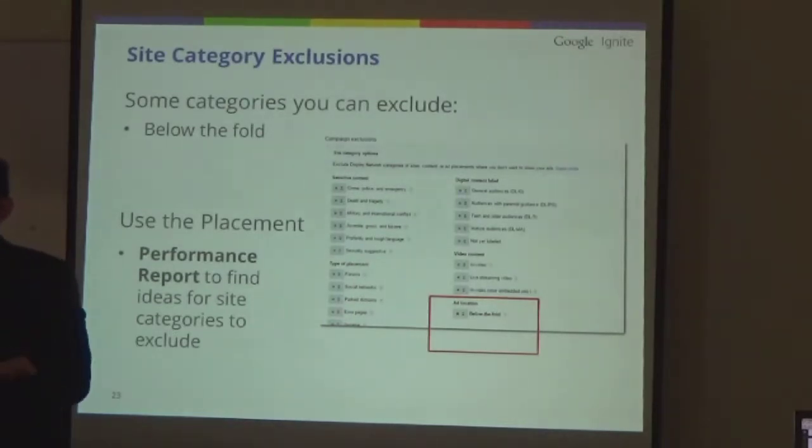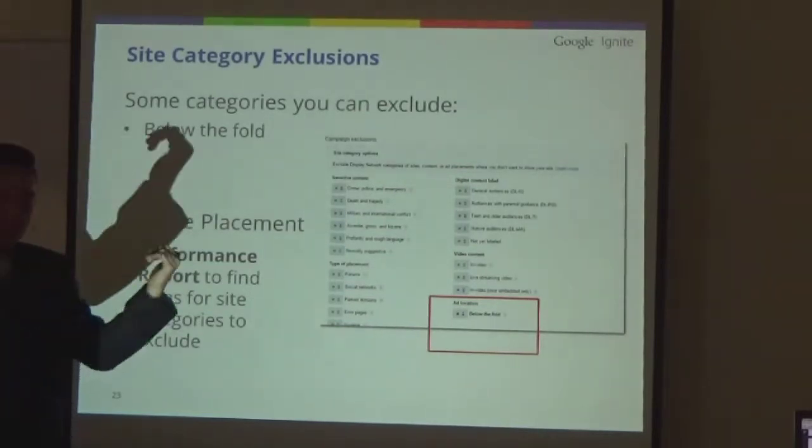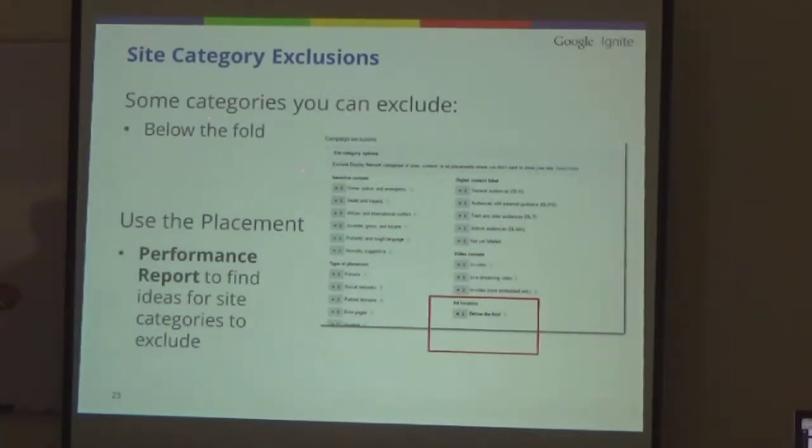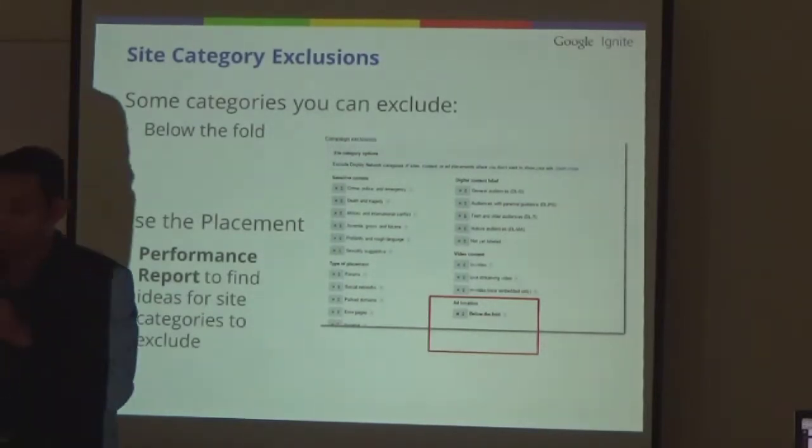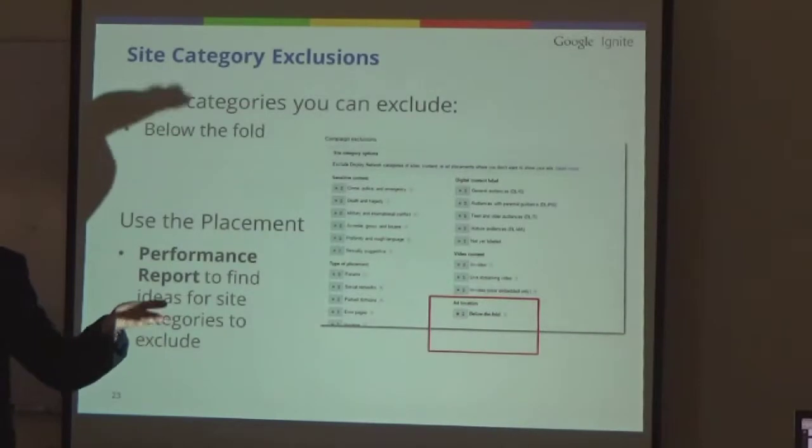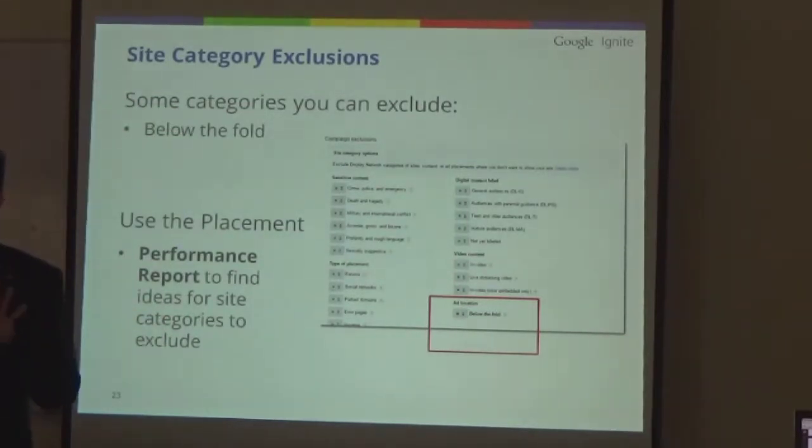You want to exclude certain things where your ads are being shown, and you put certain parameters to prevent it from showing. For example, you will not want to show the ad below the fold. What do I mean by below the fold or above the fold? Now, this is a term that traditional advertisers used to use. In newspaper advertising, for example, they have this above the fold and below the fold.